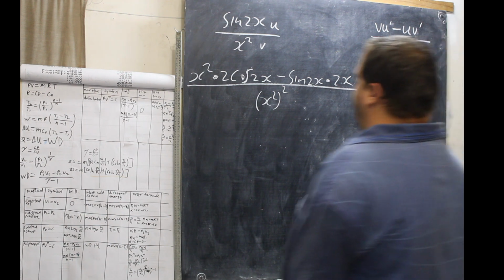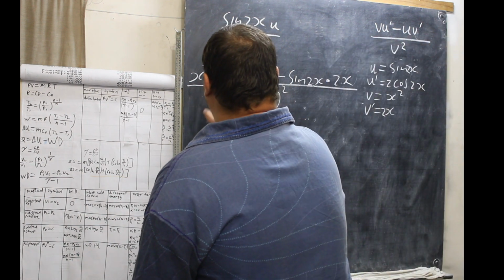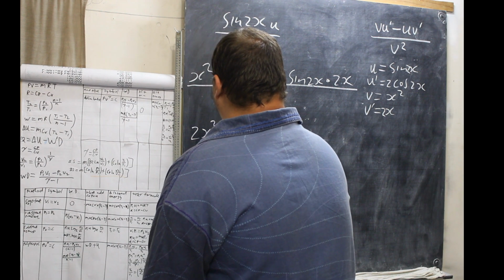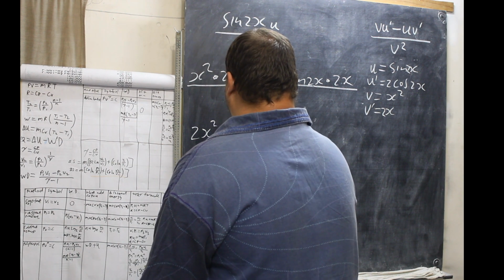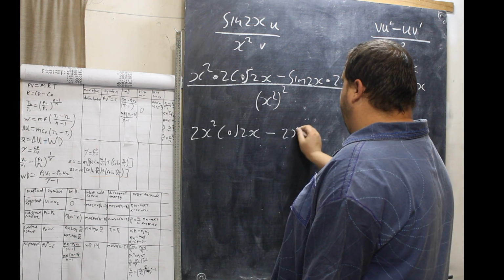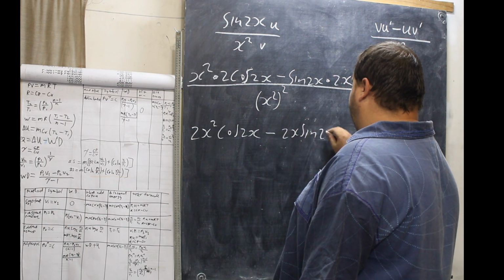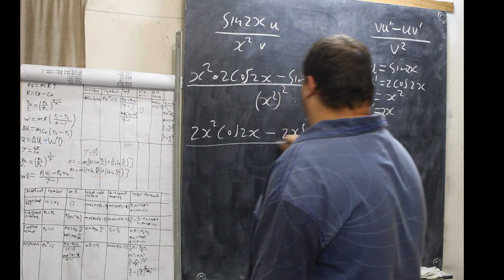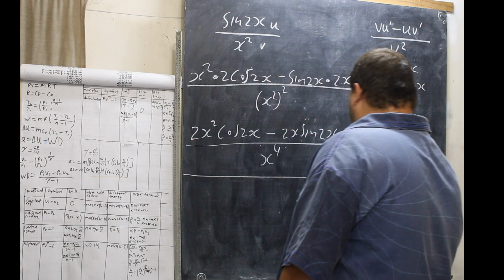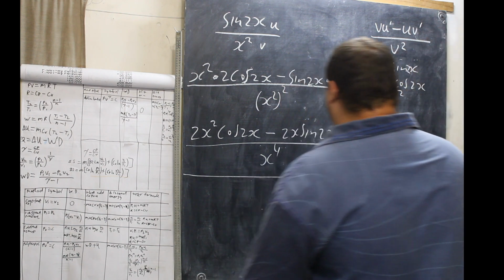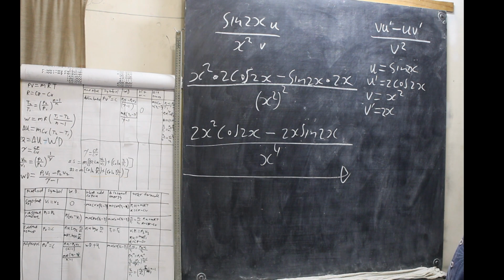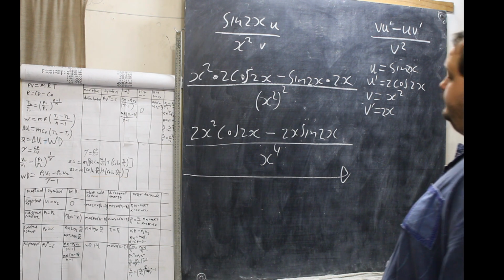So let's put it all together. So we have 2x squared cos 2x minus 2x sine 2x all over x to the power 4. Now what we can do is we can take a 2x out.